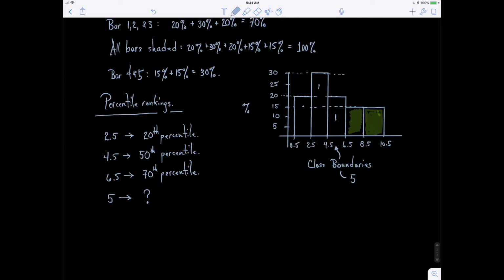If all we have is a histogram, and we're asked for the percentile ranking of a number that's not on the class boundary, we actually just can't give an answer.